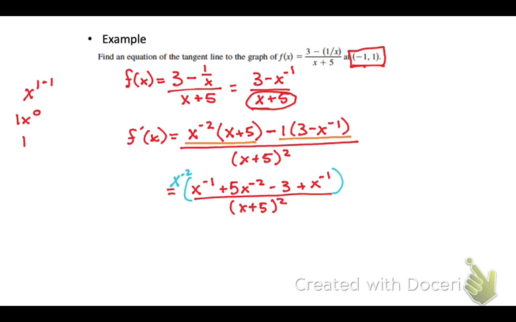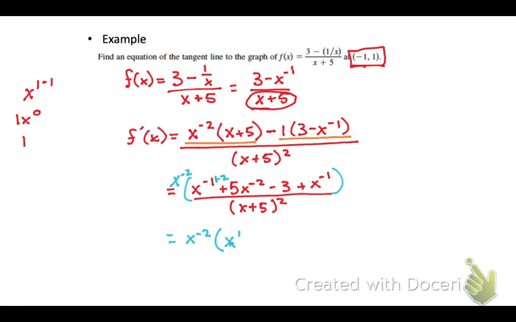Got it? So it's going to be negative 1 minus a negative 2, so that would be 1. I'm only showing you that for today, because this would be minus a negative 2.